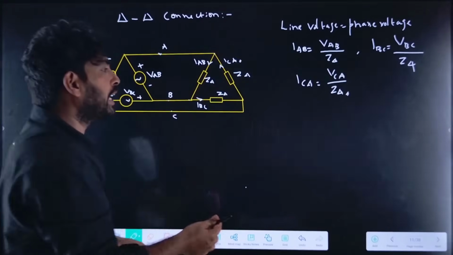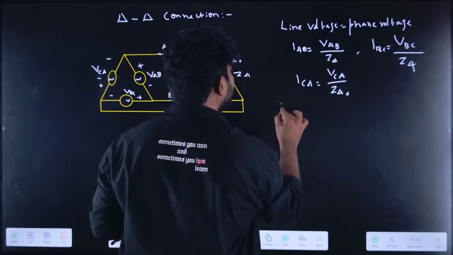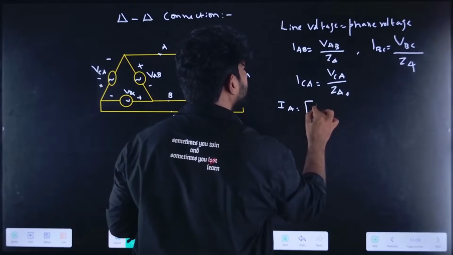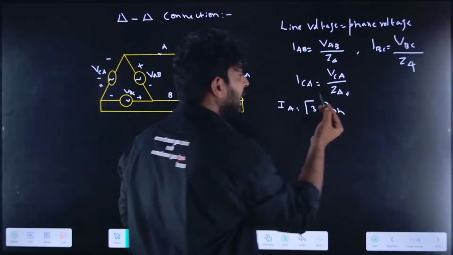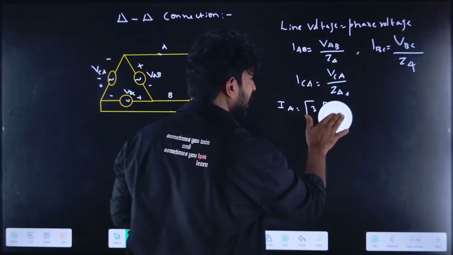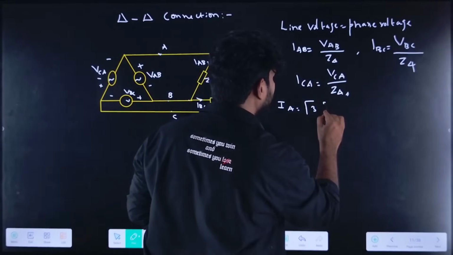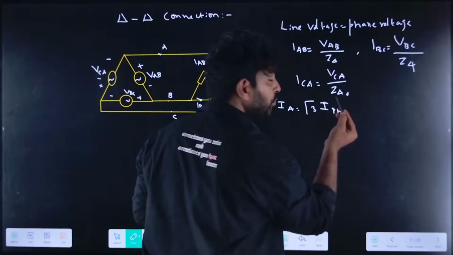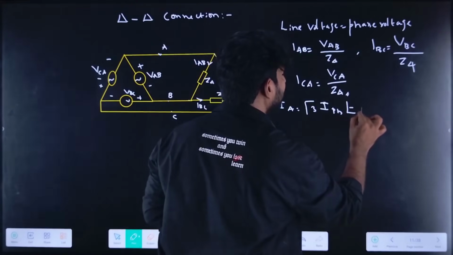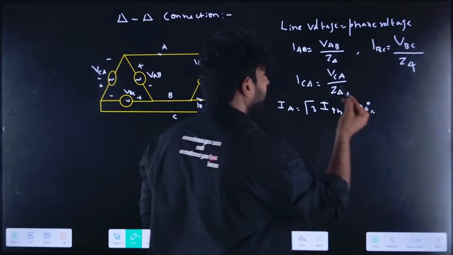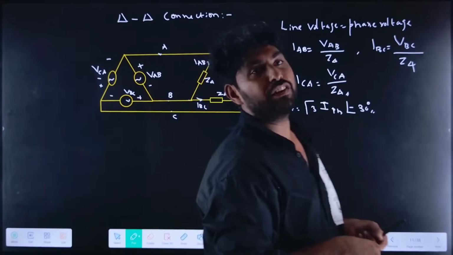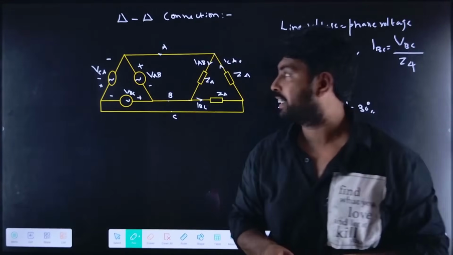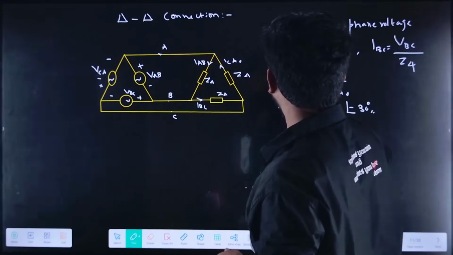From that, IA equals √3 times the phase current, I phase, at an angle of minus 30 degrees. So the line current lags the phase current by 30 degrees.